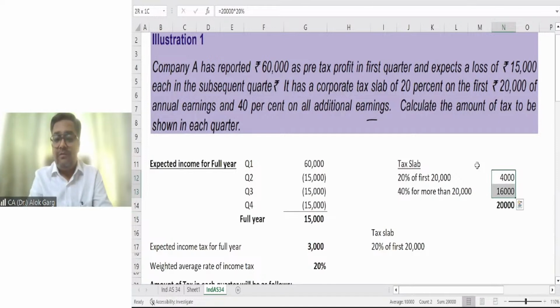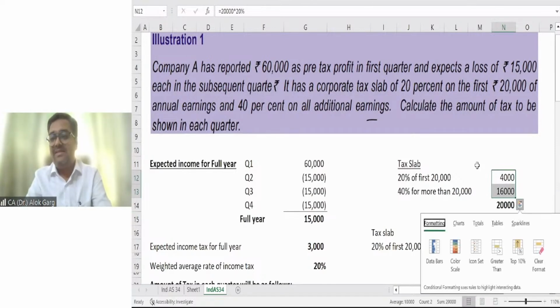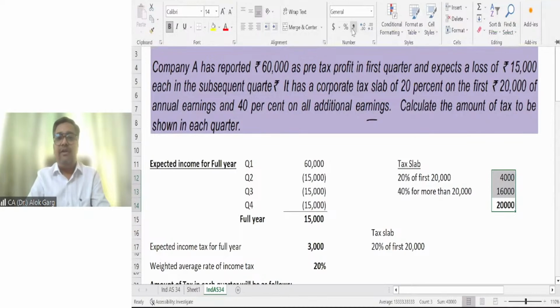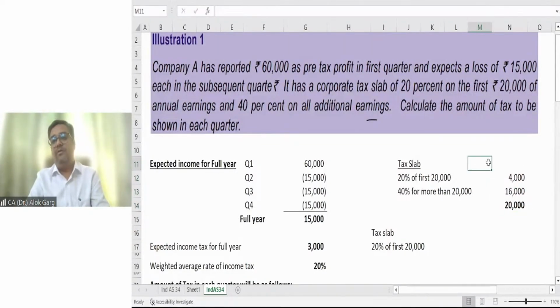So on 60,000 profit, I am going to pay a tax of 20,000, right? So I need to create a provision of 20,000 for the 60,000 rupees profit in quarter one. This happens if the concept of weighted average annual income tax rate did not exist.